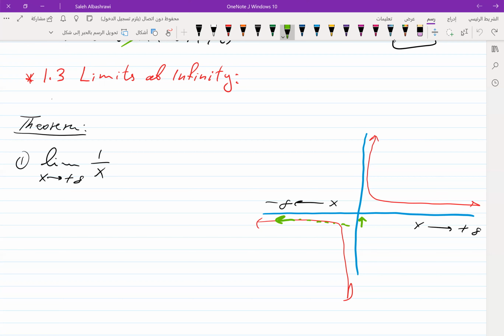Because we know that the limit of the function means the value of y. It is the output of the function. If we divide by a very big number, the overall value will be very small, approaching 0. So the limit of 1 over x as x goes to plus infinity is equal to 0.